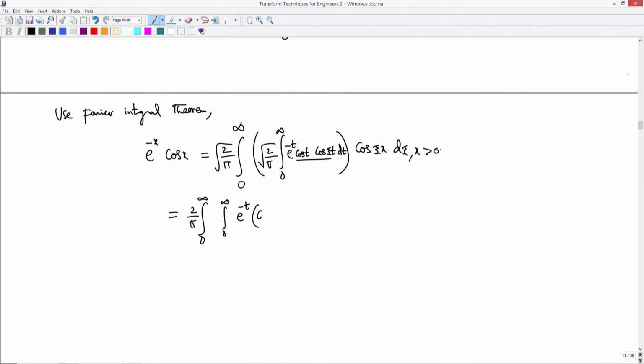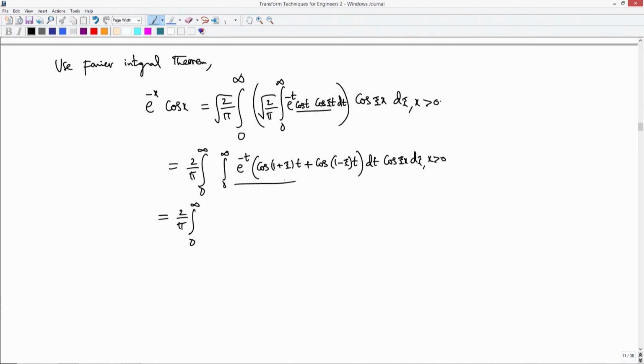So, you have cos (1 plus xi) t plus cos (1 minus xi) t, or xi minus 1, cosine does not matter, both are same, dt, cos xi x d xi. This is for x positive.